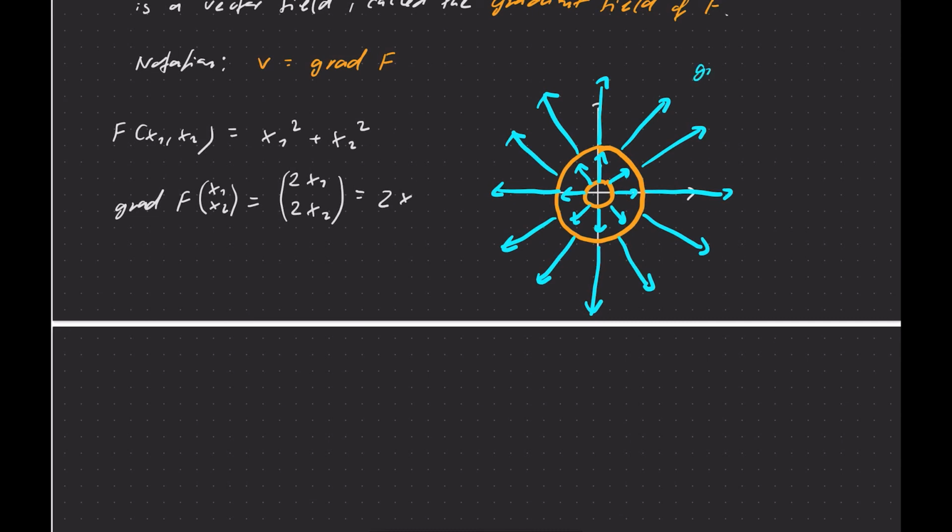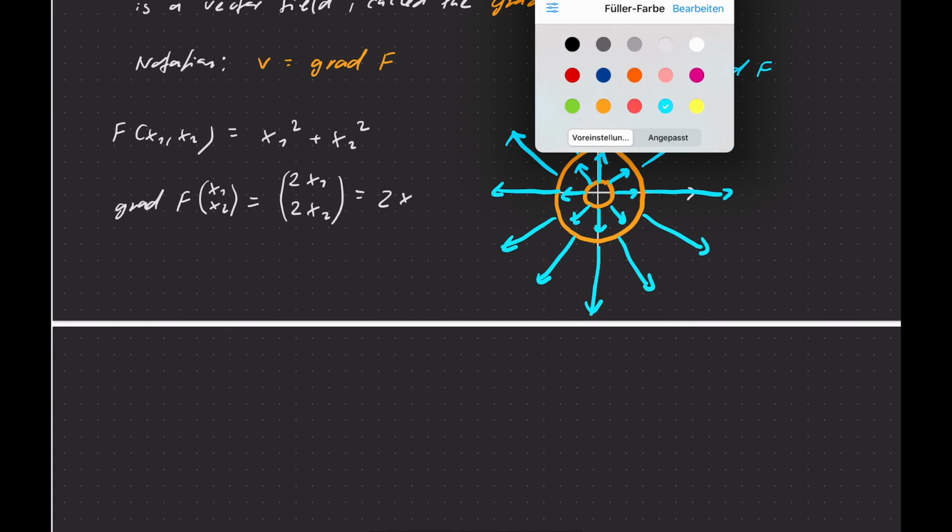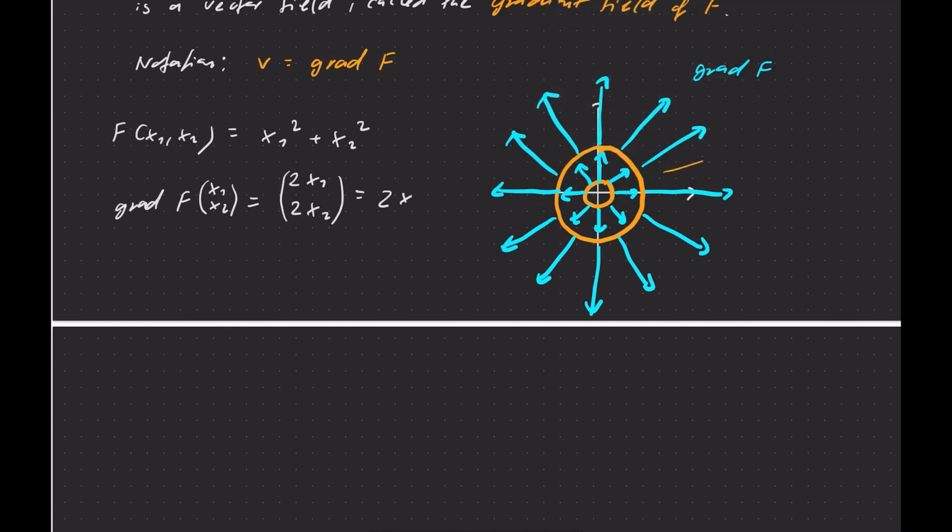Okay, so that is the gradient field of a function. And the orange ones are the level sets of the function f. Okay, so that is how a gradient field looks.